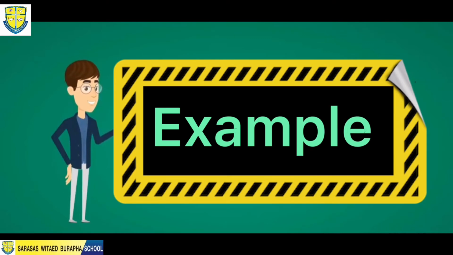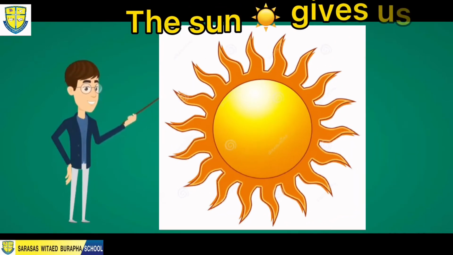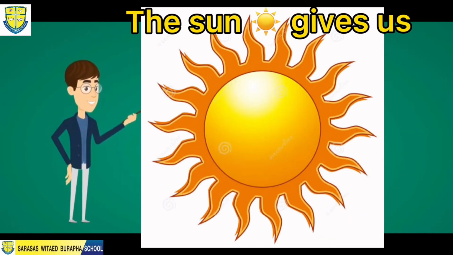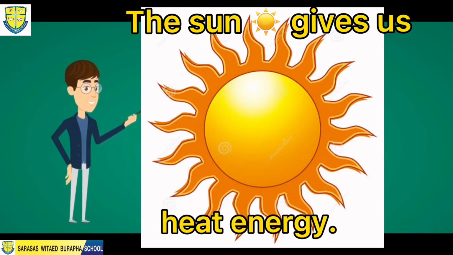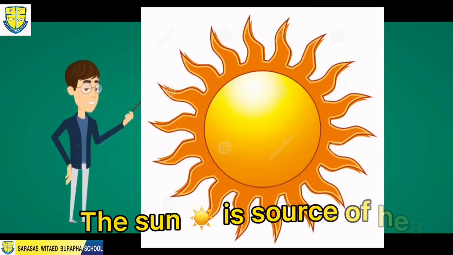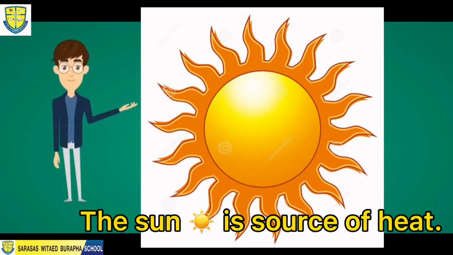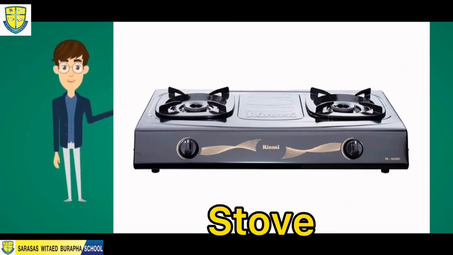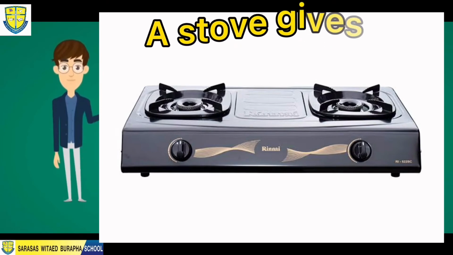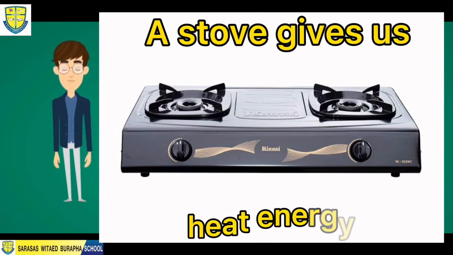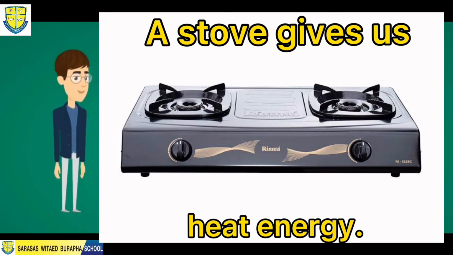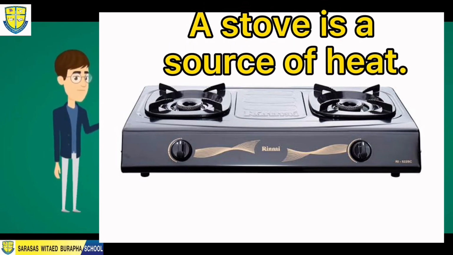For example, the sun gives us heat energy, and the sun is a source of heat. We also have a stove, and a stove gives us heat energy. A stove is a source of heat.